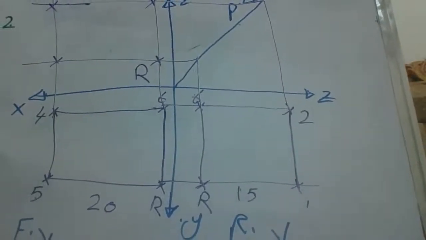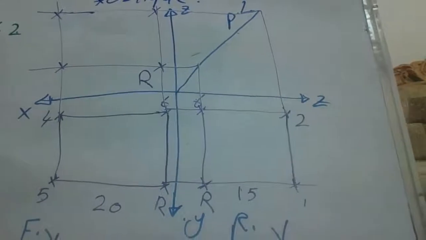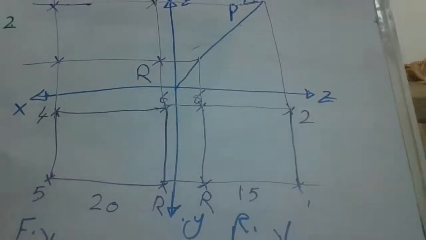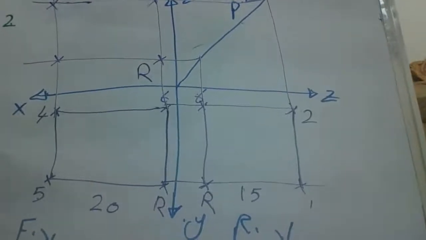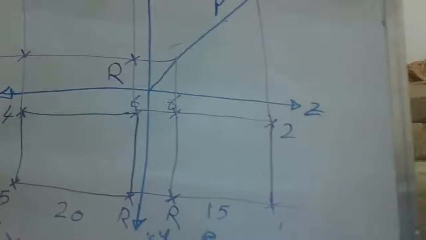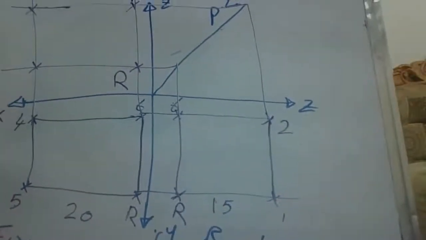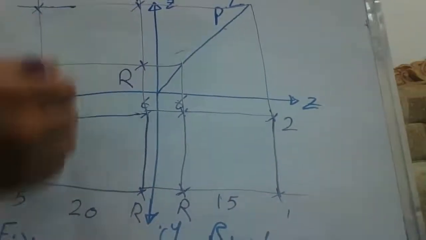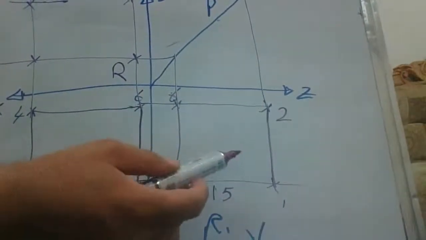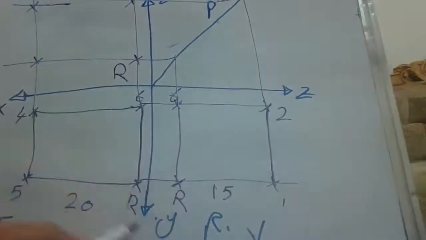Now we have 6 points with R: R, 1, 2, 3, 4, 5, 6. We can see 6 points. Now we can cross each point from all the given projections, and we can find the other points.